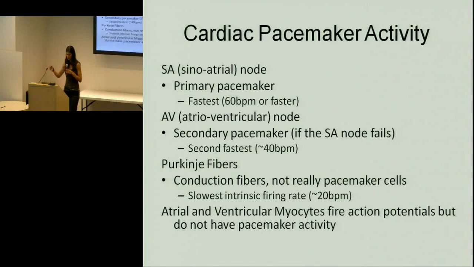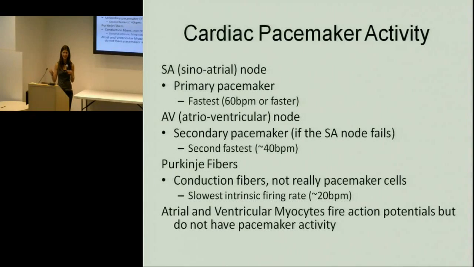Neither here nor there. But the sinoatrial node has the fastest heart rate, okay? So the main pacemaker, the kind of upper management, has the fastest heart rate. And the secondary pacemaker, kind of middle management, is the atrioventricular node, the AV node. So the SA node is always telling the AV node to beat faster than it would normally beat, okay?